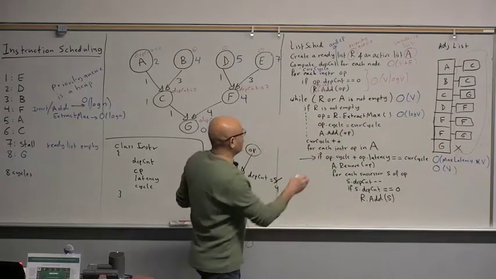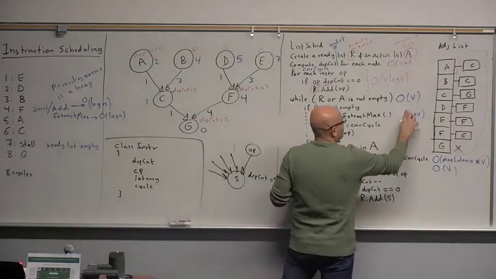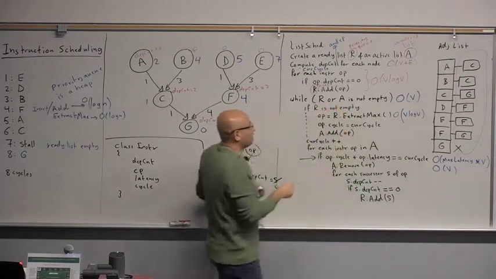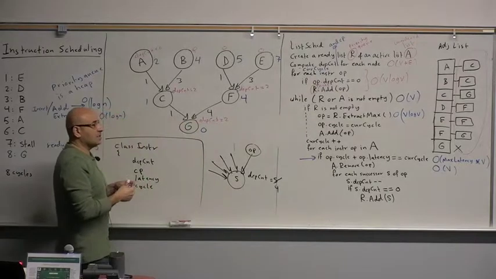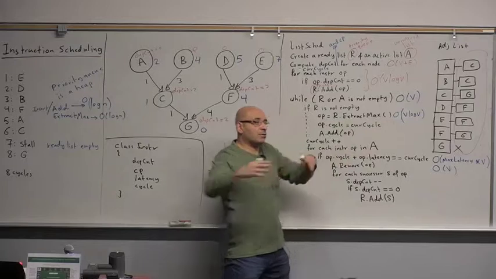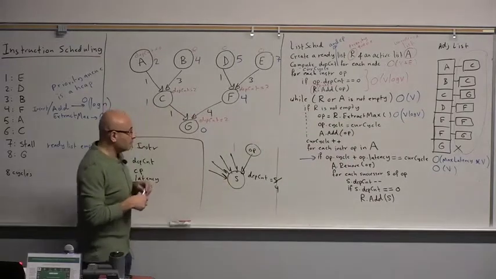So let's put the aggregate here, which is V log V. We are putting the aggregate number of executions. Aggregate means the number of times it's executed throughout the entire algorithm.